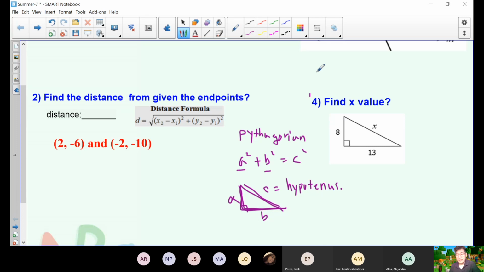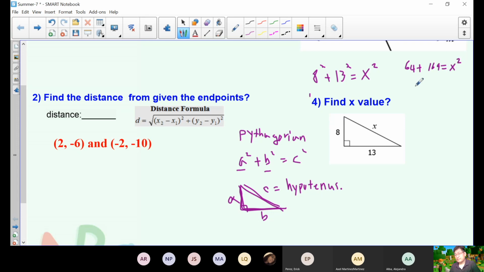So let's say I'm gonna write here 8 squared plus 13 squared equal x squared, which is a squared is what? 64, right? 64 plus 13 squared is 169 equal x squared.